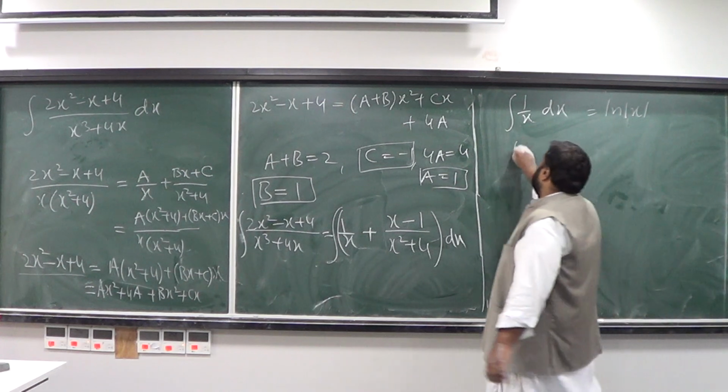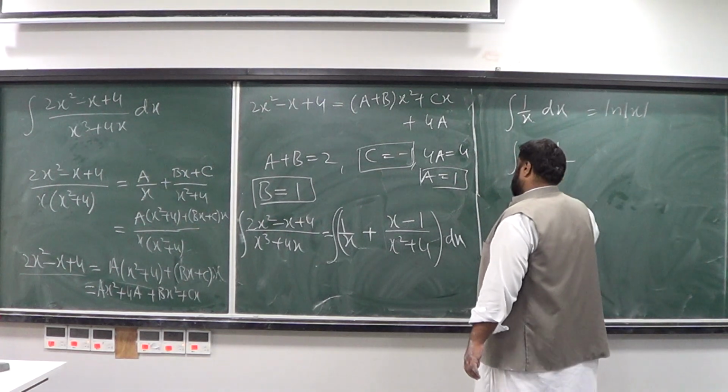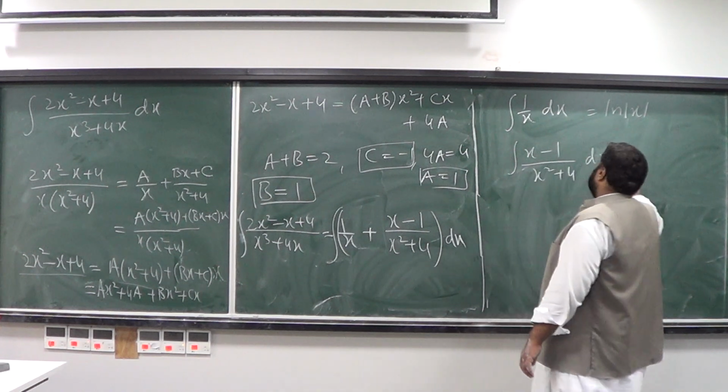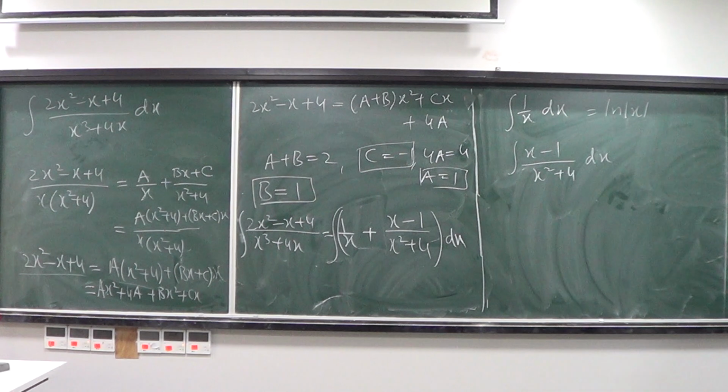What is the second integral? (x − 1) by (x² + 4) dx. Is the numerator the derivative of x² + 4? x − 1 is not. So what should we do?